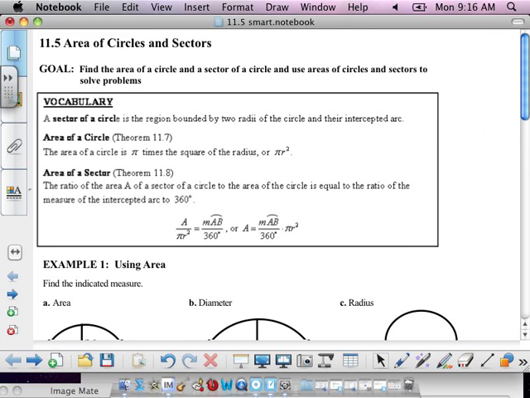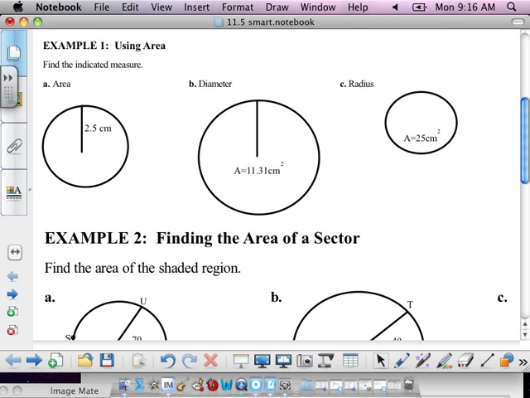All right. So we're going to make sure we know how to do the area of some circles and to work both ways. The first one, we want to find the area. It says area, and we're given 2.5 centimeters. Is that the radius or the diameter? Radius.